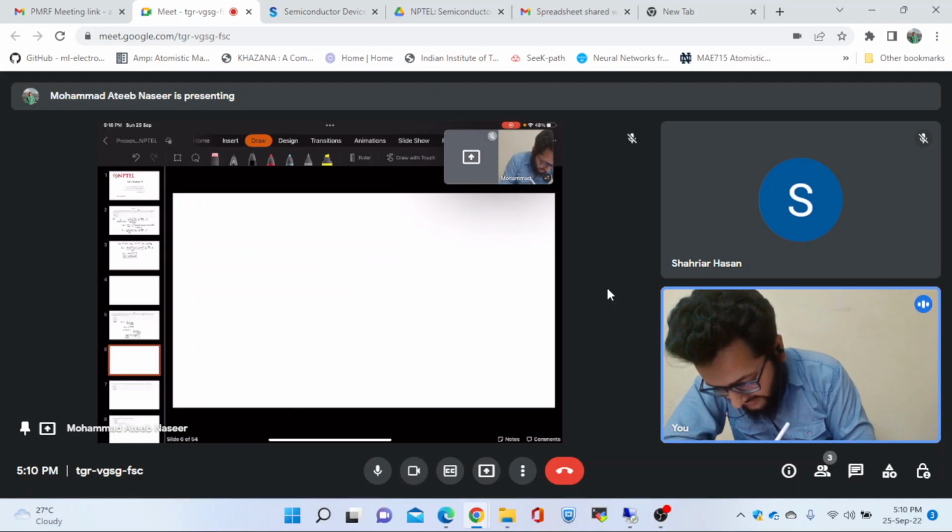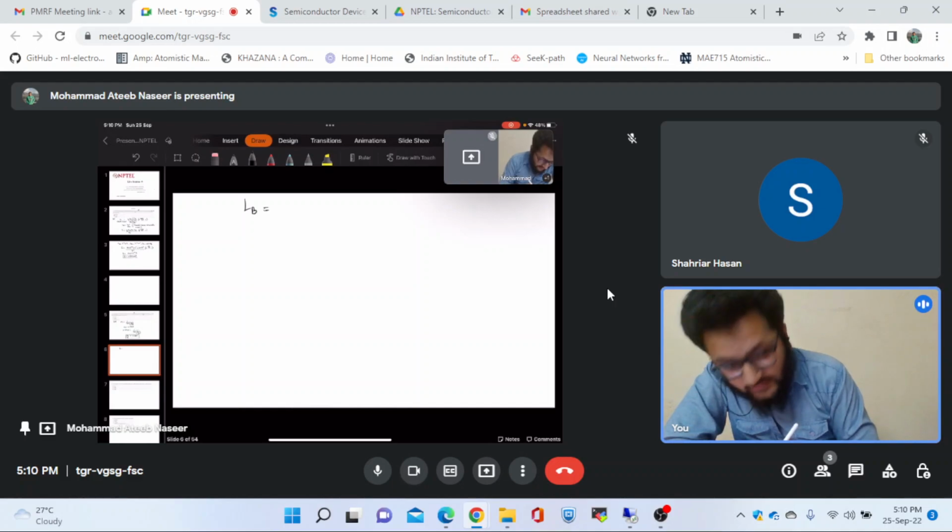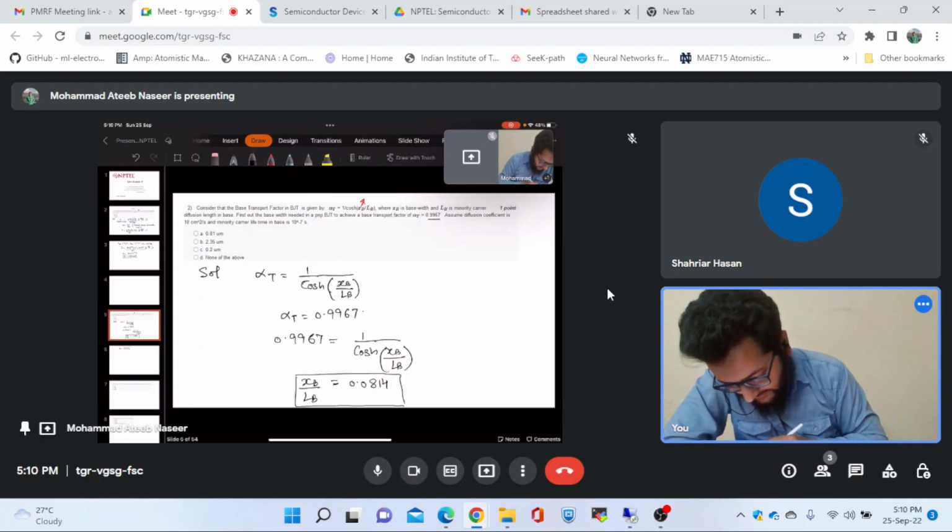I require now this diffusion length. This diffusion length is dependent on the minority carrier lifetime and the diffusion constant, which will be DB in this case, and TB, that is the minority carrier lifetime of this base, and that is 10 centimeter square per second for DB, and for this tau B it is 10 to the power minus 7.